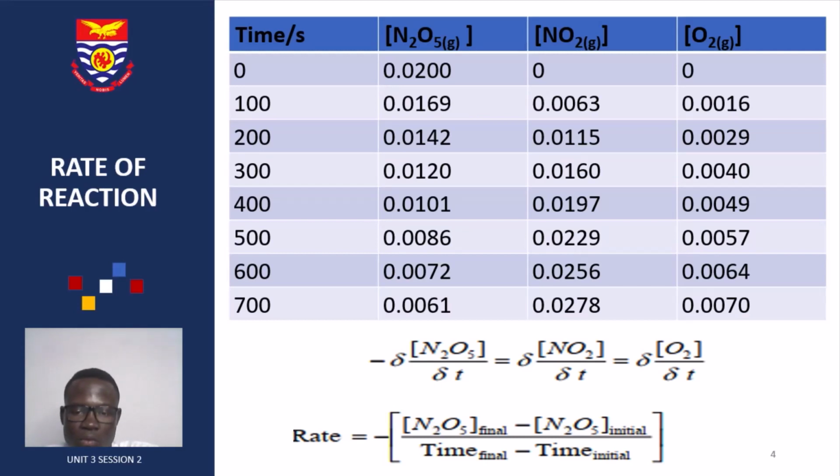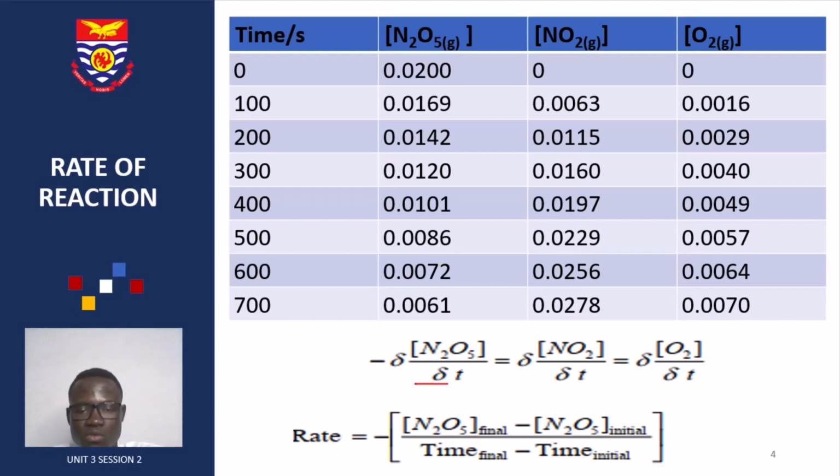So when we are looking at rate, we are looking at the time it takes for the reactant to decrease in concentration per unit time. So when we are writing the rate law expression, we write it with respect to time.